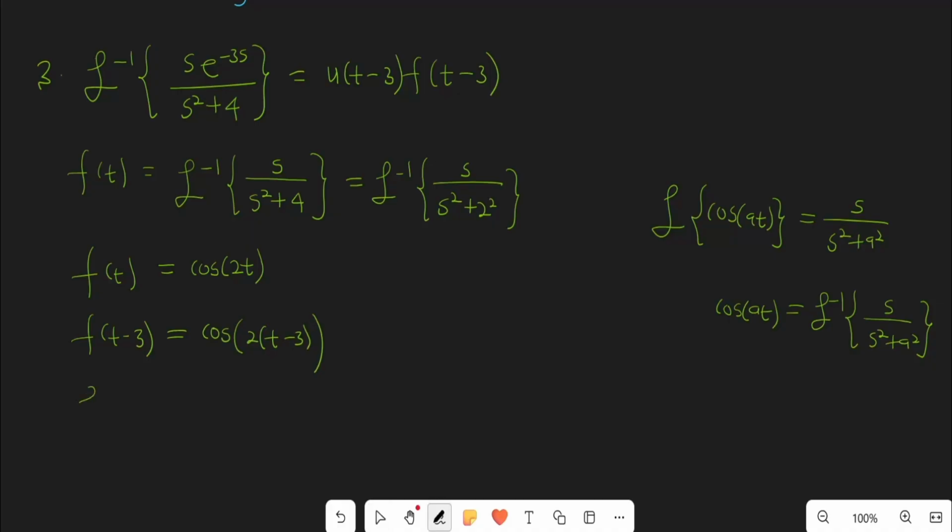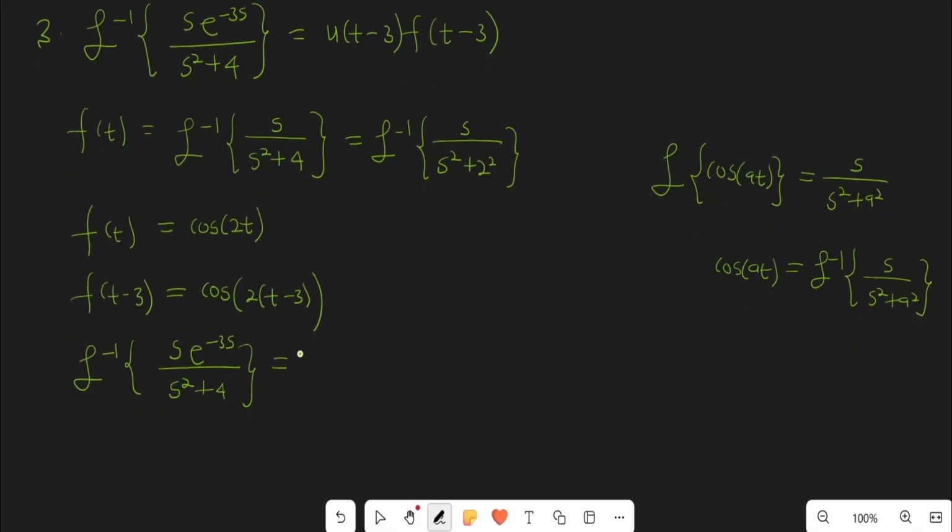So in that case, the Laplace inverse of s multiplied by e to the negative 3s divided by s squared plus 4 is equal to the unit step function u of t minus 3 multiplied by f of t minus 3, and f of t minus 3 is cosine of 2 into t minus 3, like this. And this one is the answer to the Laplace inverse of this function.